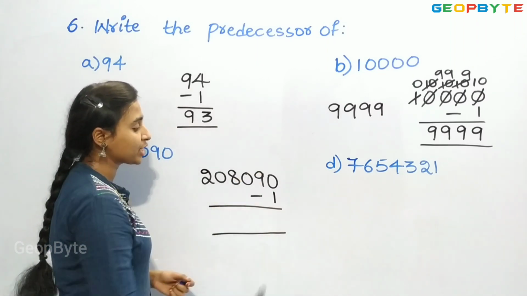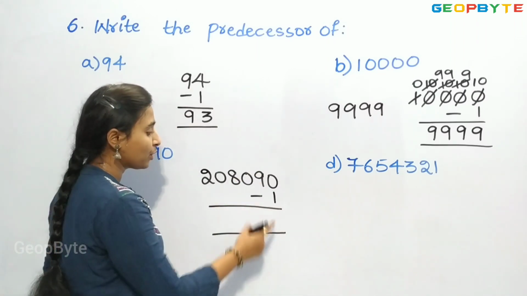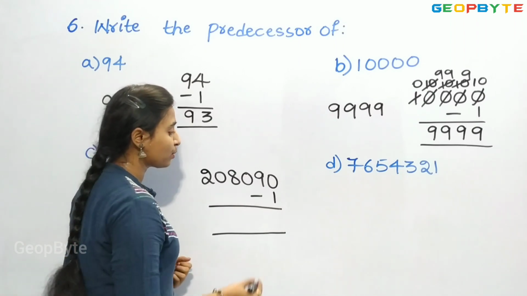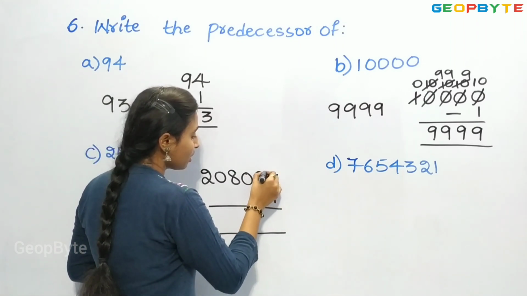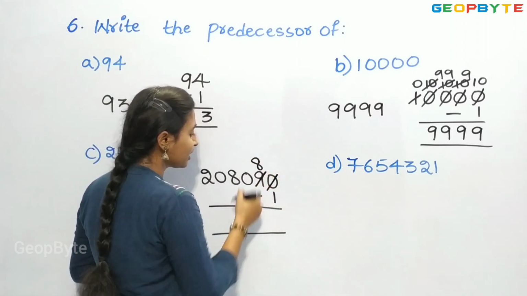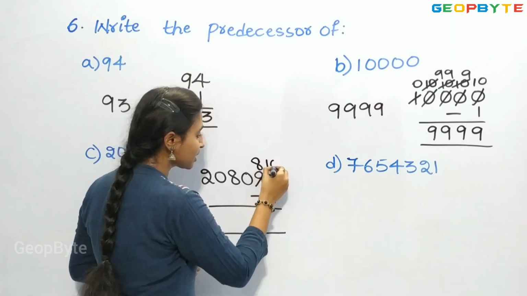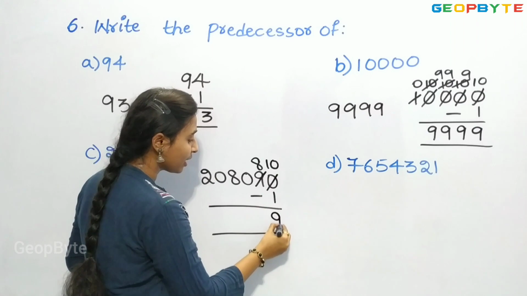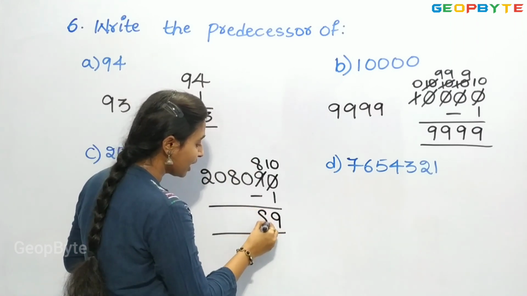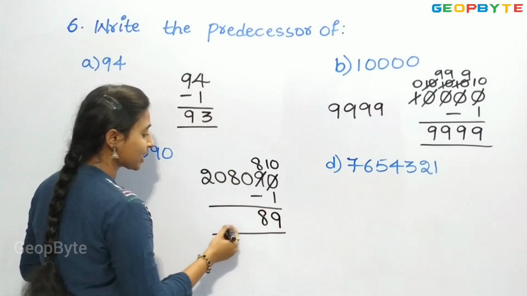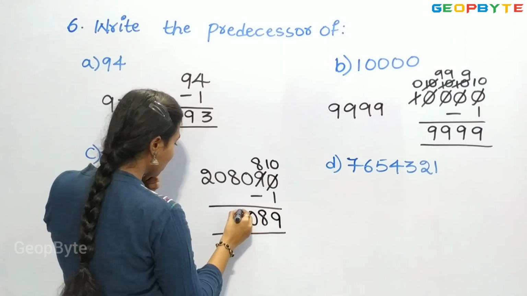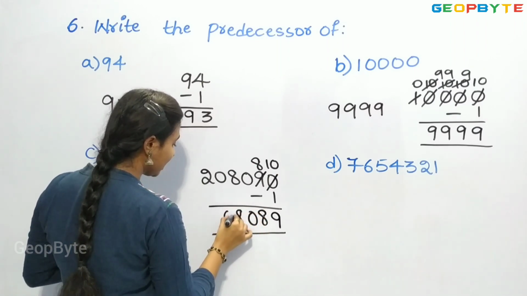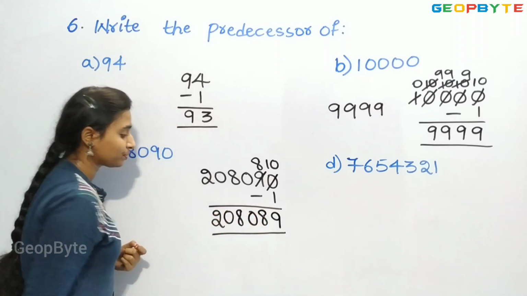Now, 0 minus 1. We cannot subtract 1 from 0. So, let us borrow. This 9 becomes 8. And this 0 becomes 10. Now, 10 minus 1, 9. And here we have 8. Let us write the remaining numbers as it is: 0, 8, 0, 2.